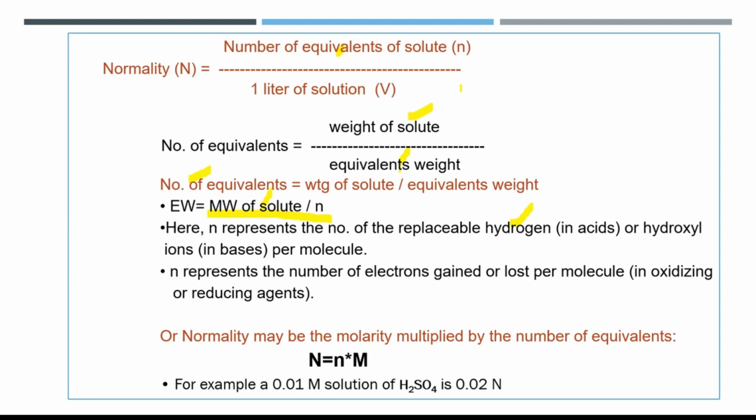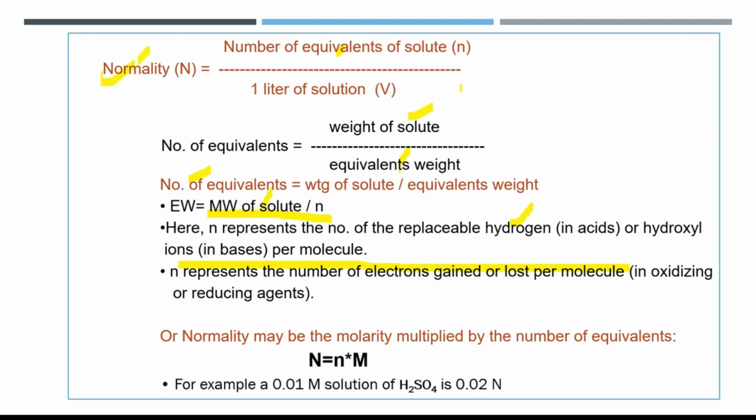For example, H2SO4 has 2 replaceable hydrogens. NaOH is a base, so OH is the replaceable hydroxyl ion, and it is 1. That is your N, meaning equivalence or valency, and N also represents the number of electrons gained or lost per molecule in oxidizing and reducing agents.